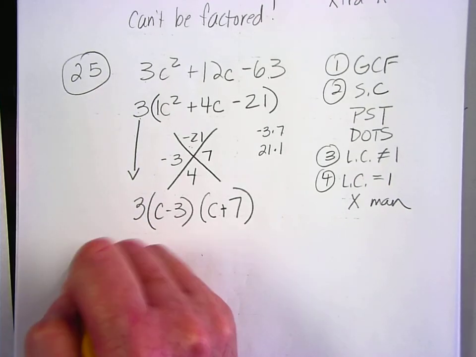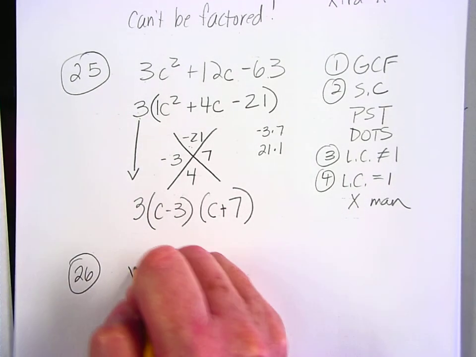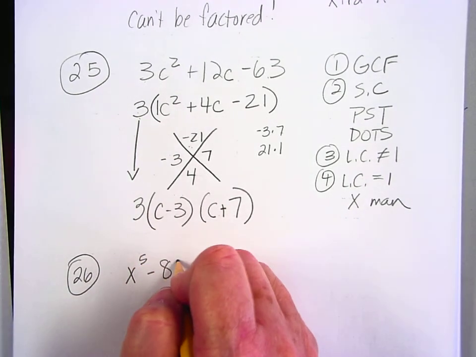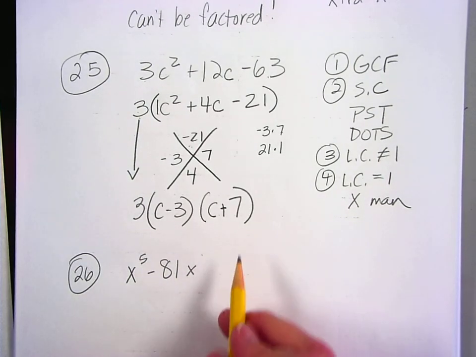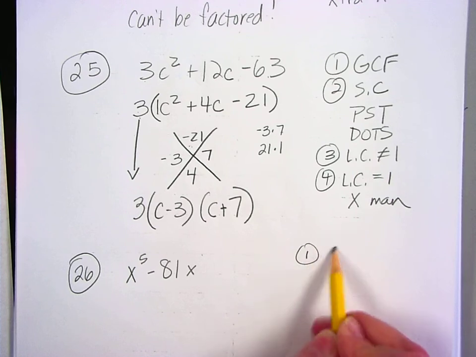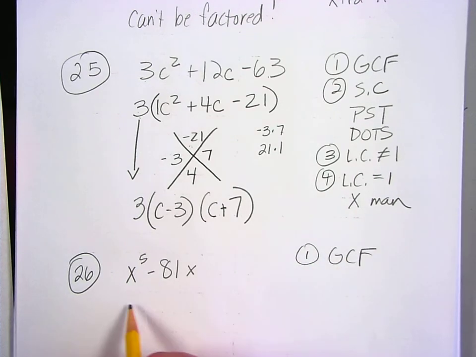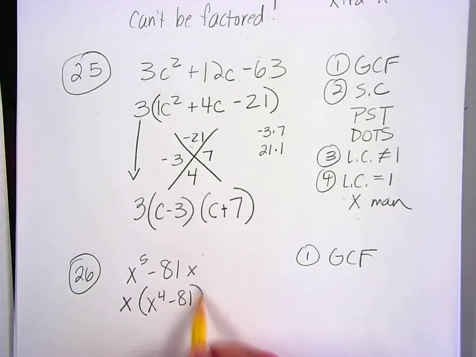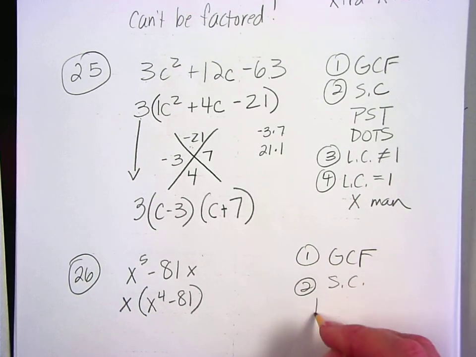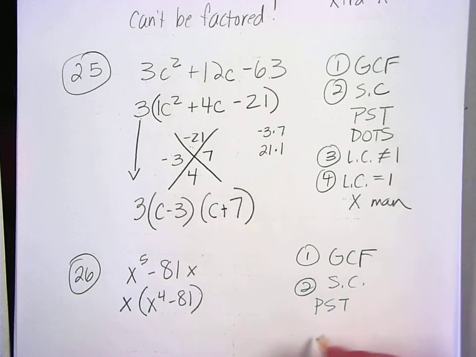And number 26 is x to the 5th minus 81x. GCF is x times x to the 4th minus 81. Is it PST? Not a trinomial, so no. Dots, it's a binomial.